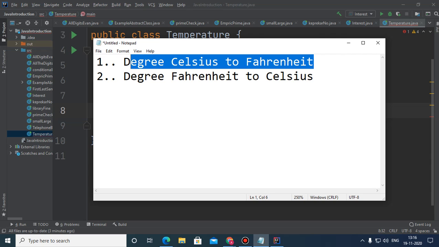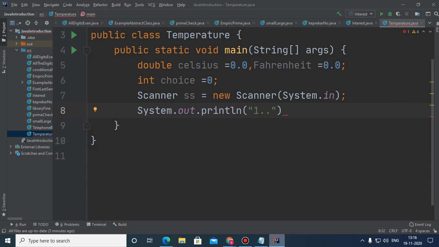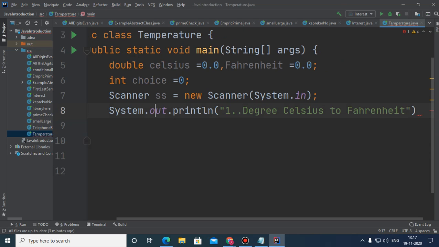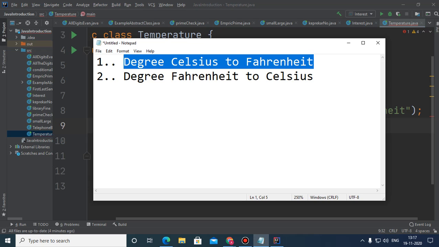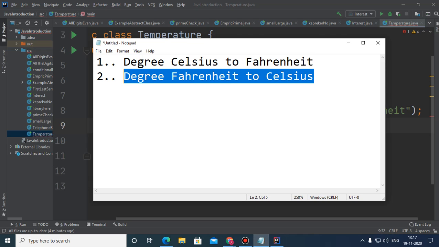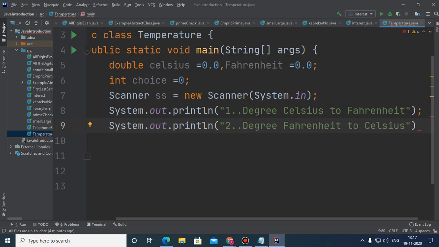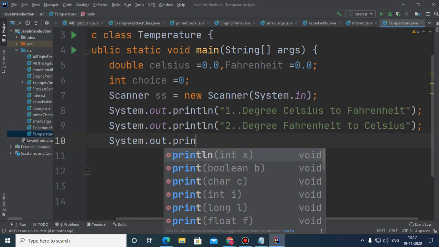The first choice is degree Celsius to Fahrenheit, and this is the second choice, and now here you have to enter the choice.